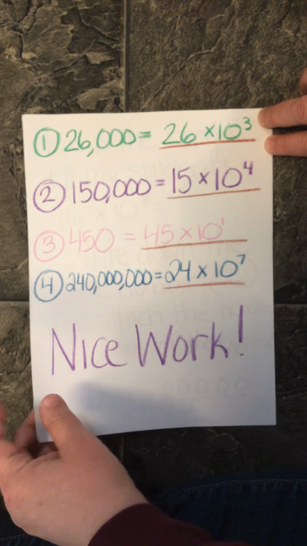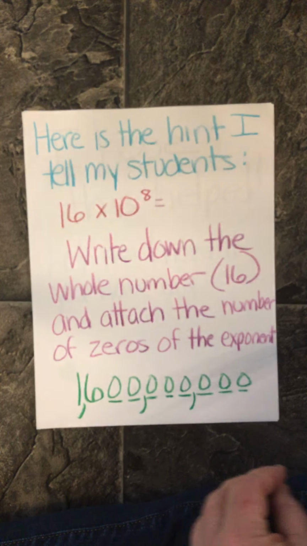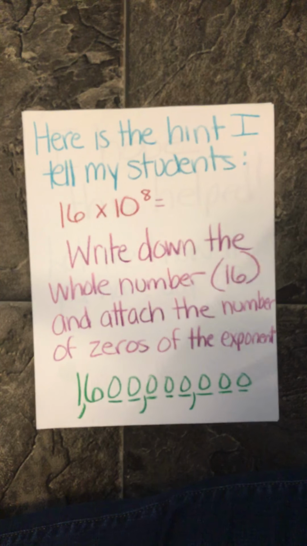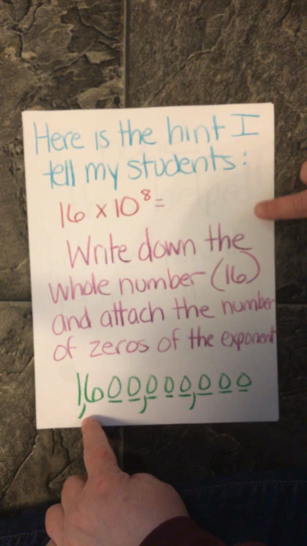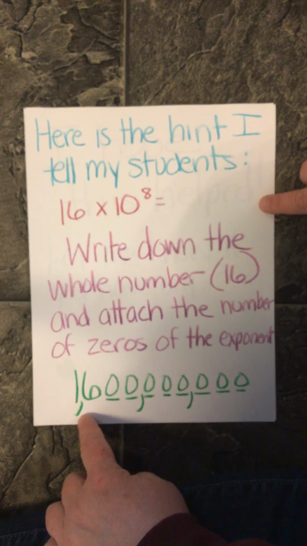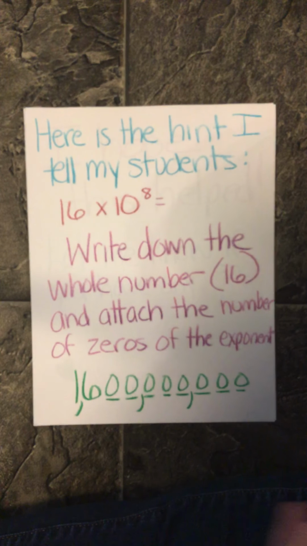Nice work, boys and girls. So here's the hint that I tell my students. In the problem, 16 times 10 to the 8th power, you are going to write down the whole number. In this case, it's 16. And you are going to attach. Now notice I don't say the word add. I say attach the number of zeros of the exponent.